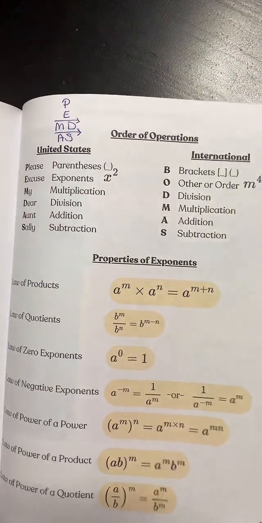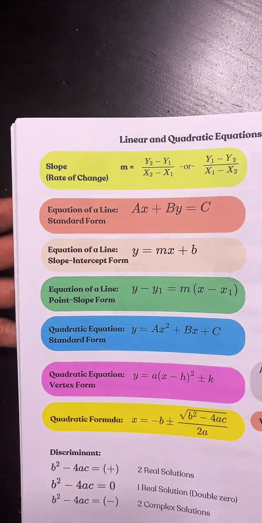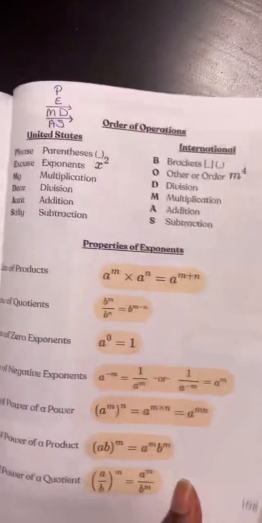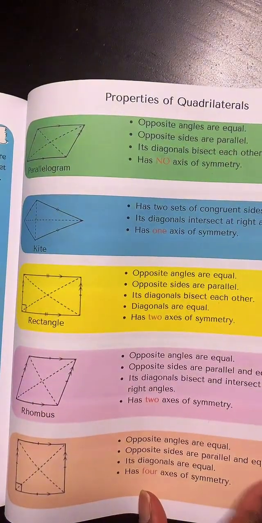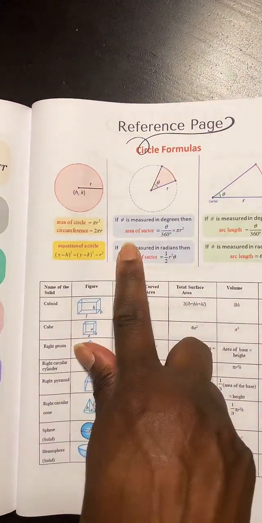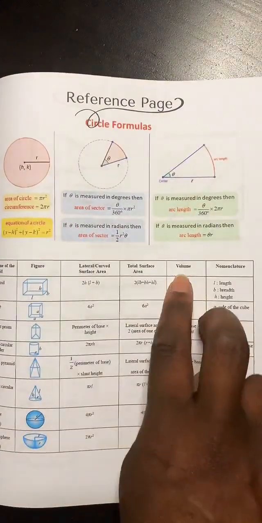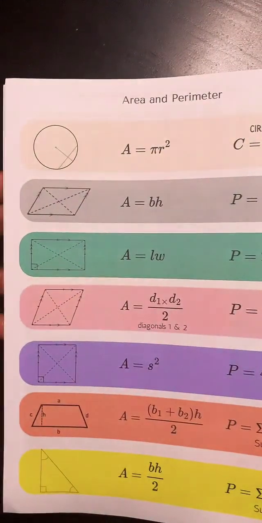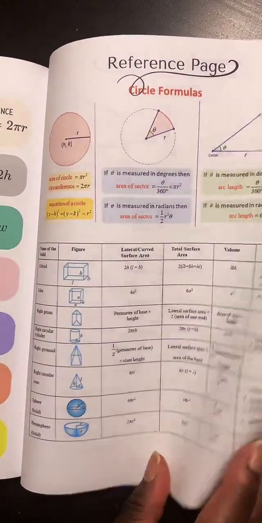So order of operations, exponents, linear equations, quadratic equations, and functions. Looking at the properties of quadrilaterals. I helped a couple kids with this today. And then the area of a sector, arc length, volume, surface area, and perimeter. It's all those little tidbits.